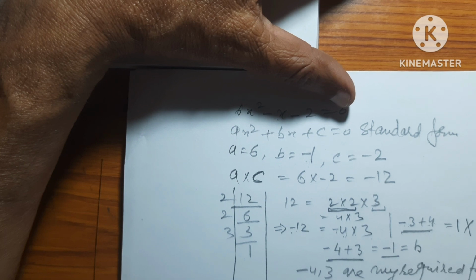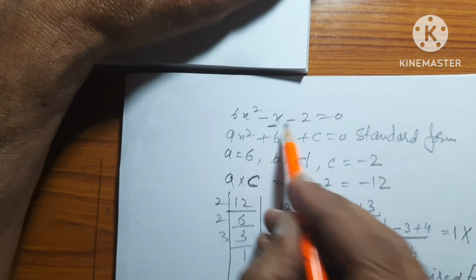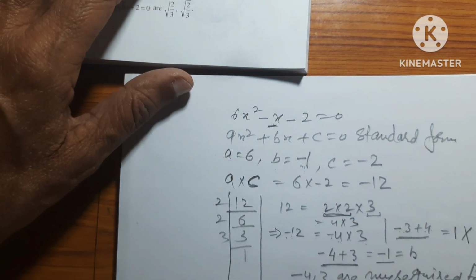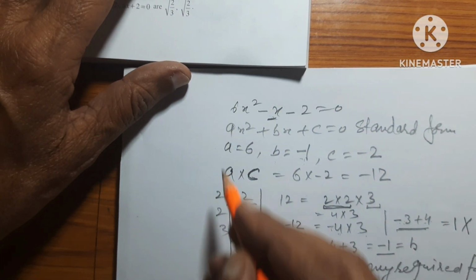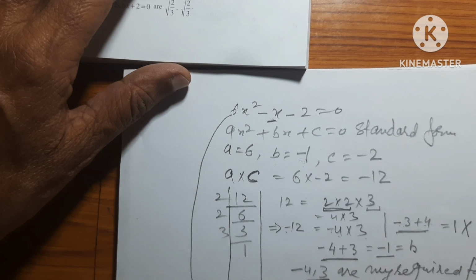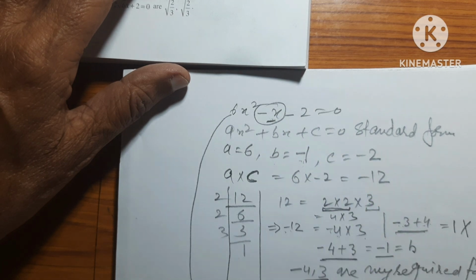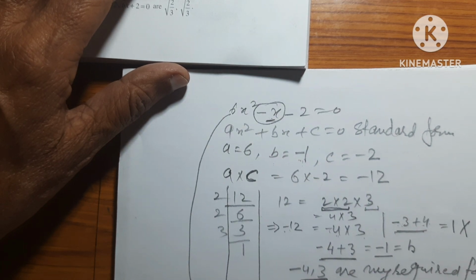Okay. Now I will convert this minus 1 into minus 4 plus 3. So this equation will become 6x square minus 4x plus 3x minus 2. At the place of minus x, I am writing minus 4x plus 3x.